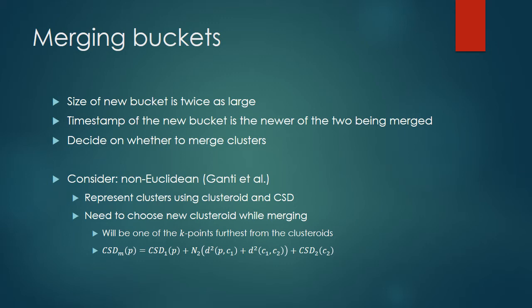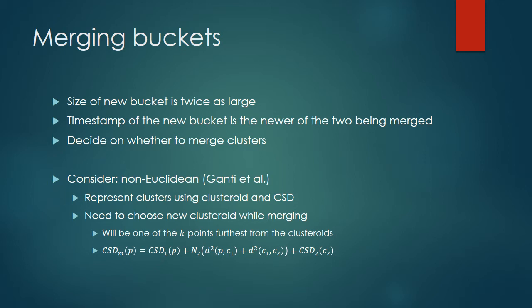It's going to come from one of the points which are furthest from each of the clusteroids, because that's where you're going to be merging these two, right? So it'll be one of the k points furthest from the clusteroid, and you can now, using the same argument as I defined earlier, define it in terms of computing the new clusteroid center.